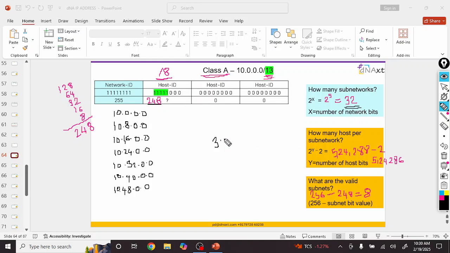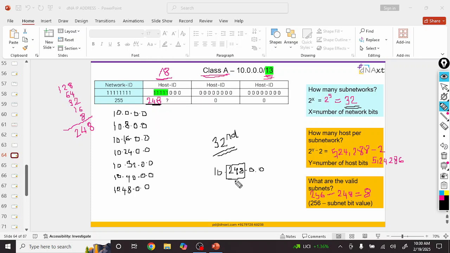What will be the last subnetwork? The 32nd subnetwork will be 10.248.0.0. So the value in the second octet, by adding 8 repeatedly, the last number I get is 248. How do I calculate this? By simply writing the subnet bit value.